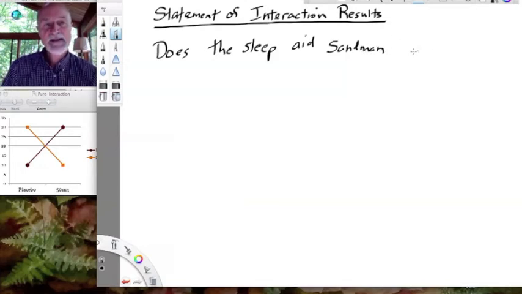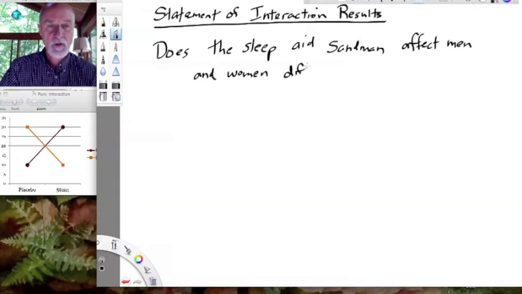Does the sleep aid Sandman affect men and women, and you know, we can kind of assume that they all are from some matched population in some way differently. So we're curious about the different response of men and women to Sandman.